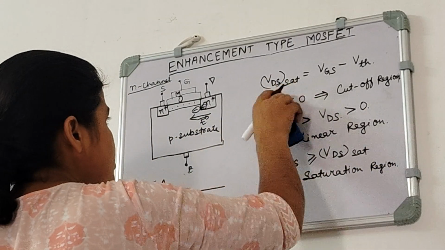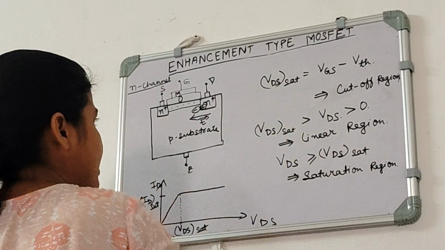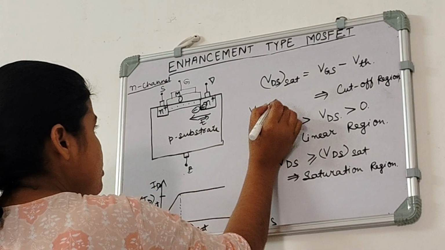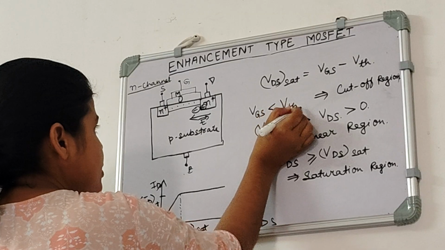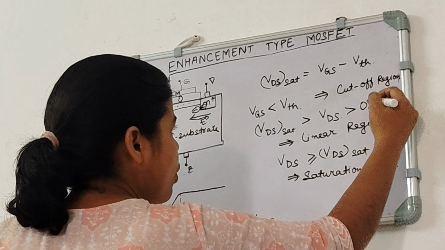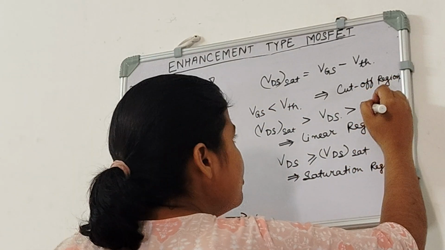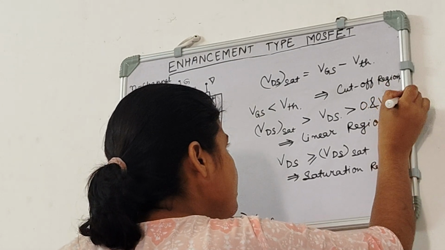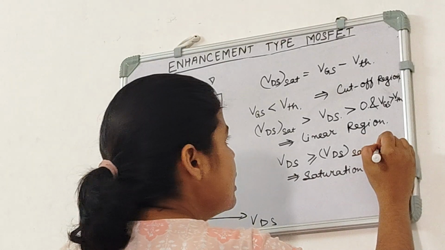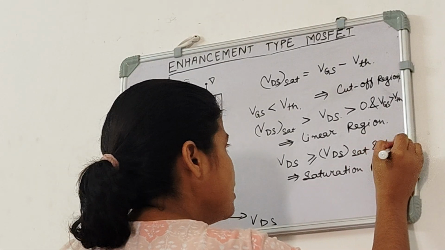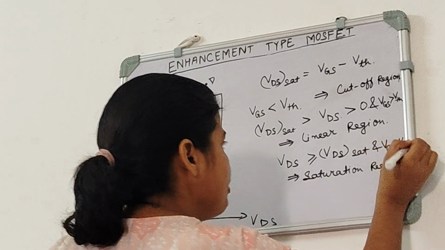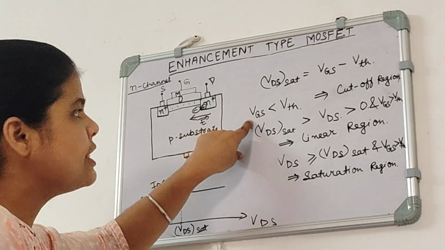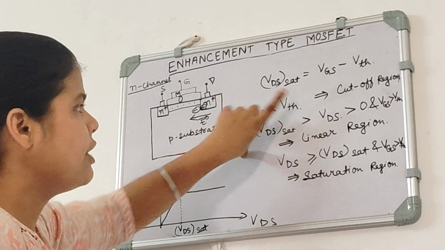Instead of writing VDS less than 0, we can write that VGS is smaller than VTH. And in all these conditions, we also need to write that VGS is greater than VTH, because that is the most important condition, because without VGS our current won't flow, whatever VDS is. So this is the first condition, that when VGS is less than VTH, we have cutoff region.